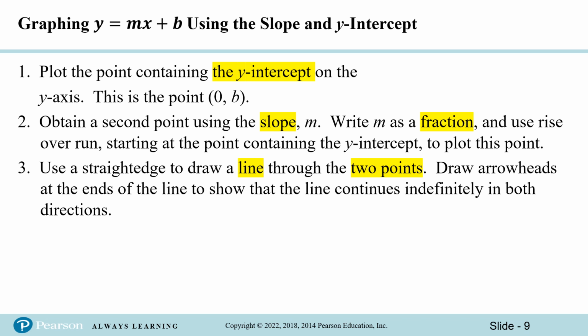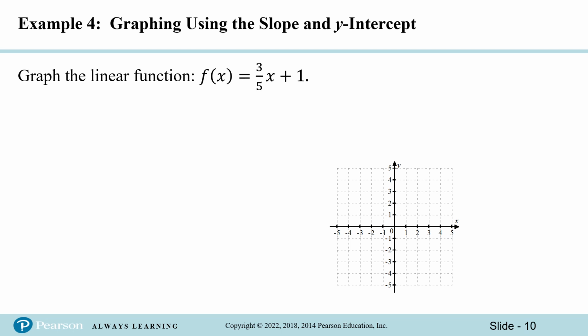Let's see, graphing using the slope and the y-intercept. So remember to fill in the highlighted words, and I will show you an example. Let's suppose we have f of x is equal to 3/5 x plus 1, and we want to graph using the slope and the y-intercept.